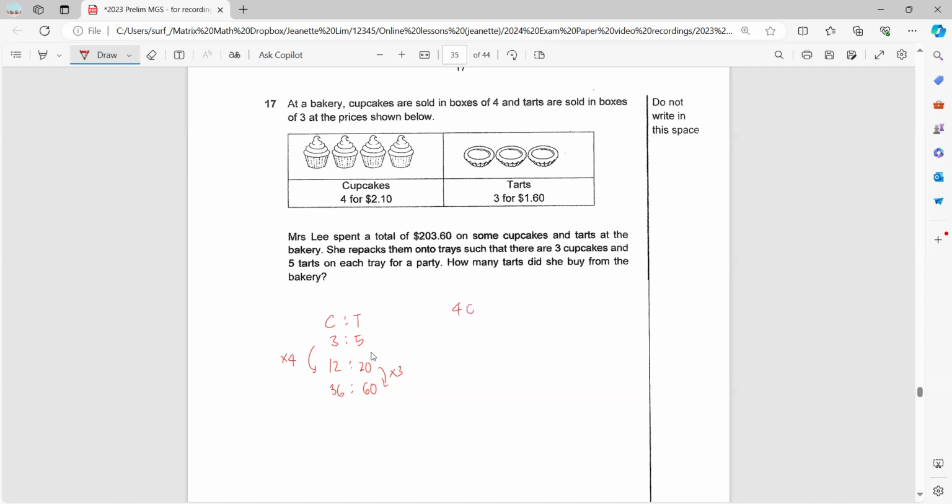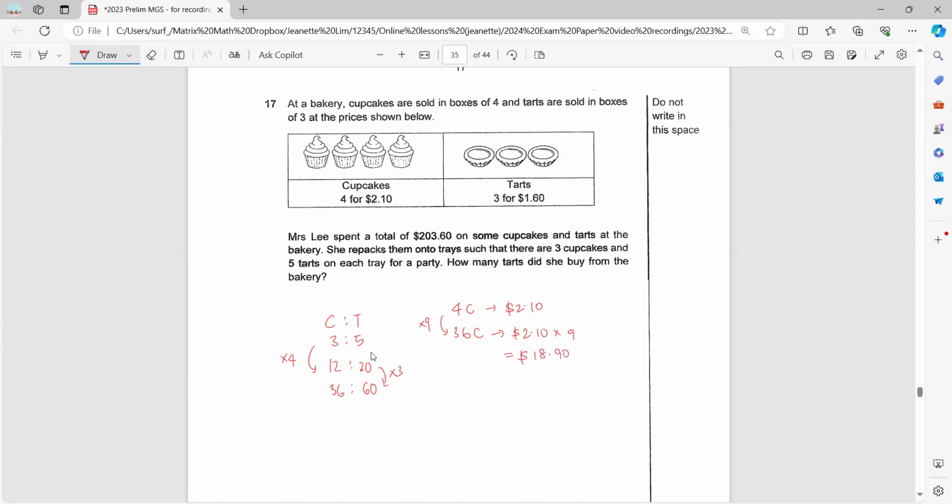4 cupcakes cost 210. What about 36 cupcakes? How much would it cost? So this is times 9. This is 1890.